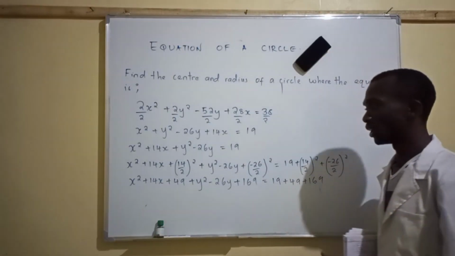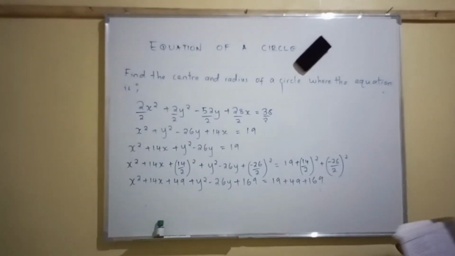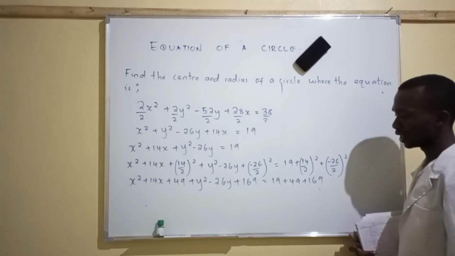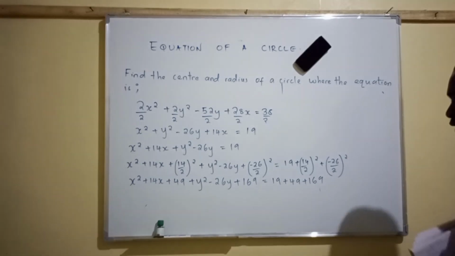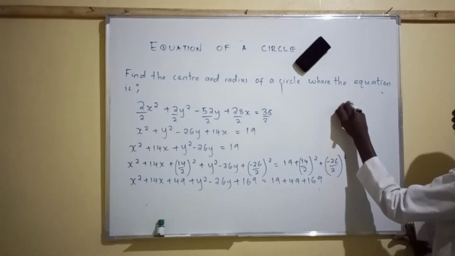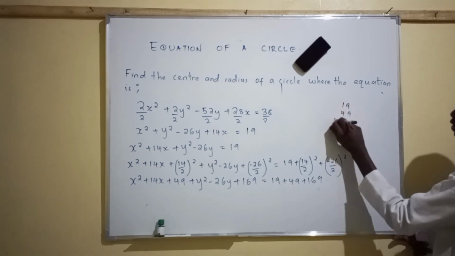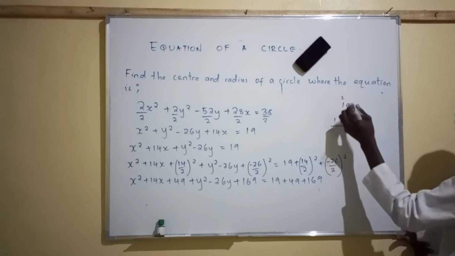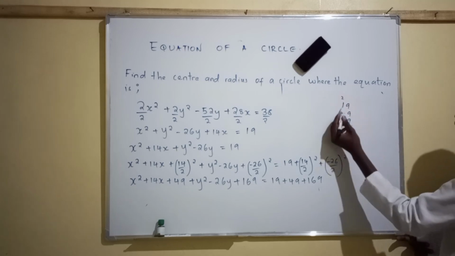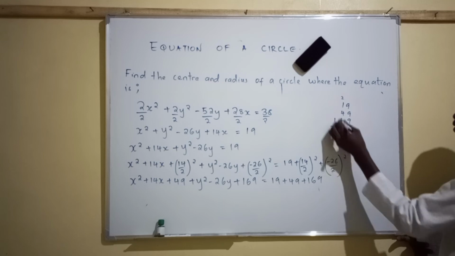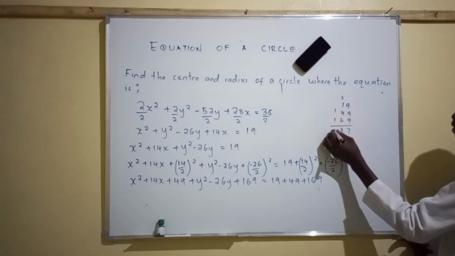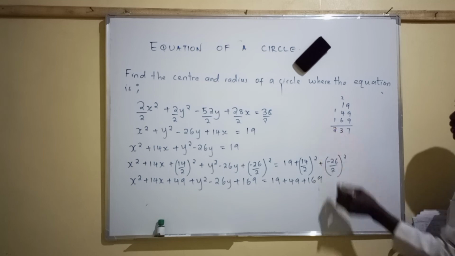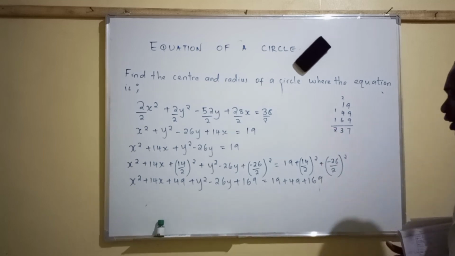Now that's the function we have. So proceeding, we just add them: 19 + 49 + 169. That becomes 237.